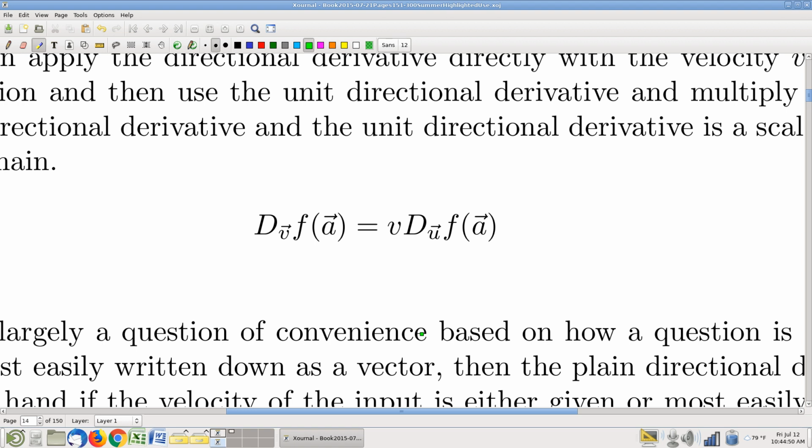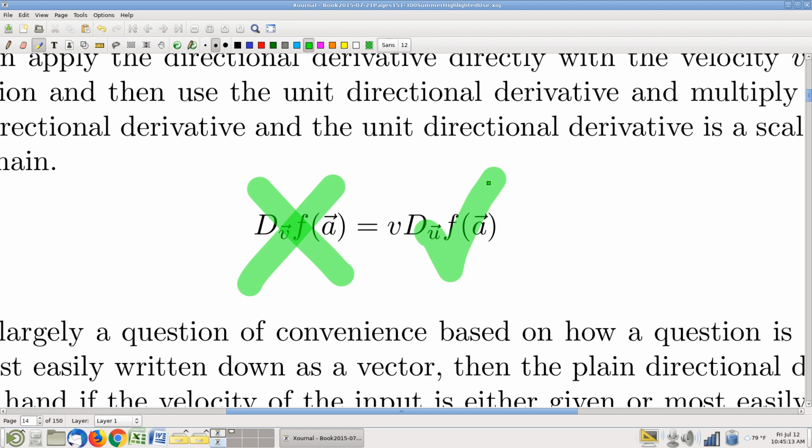Here's another situation where unit directional derivatives are useful. Sometimes it is, in fact, what you're interested in the first place. Sometimes you don't want to know the actual velocity of the output. Sometimes what you want to know is the unit directional derivative, in which case, compute the unit directional derivative.